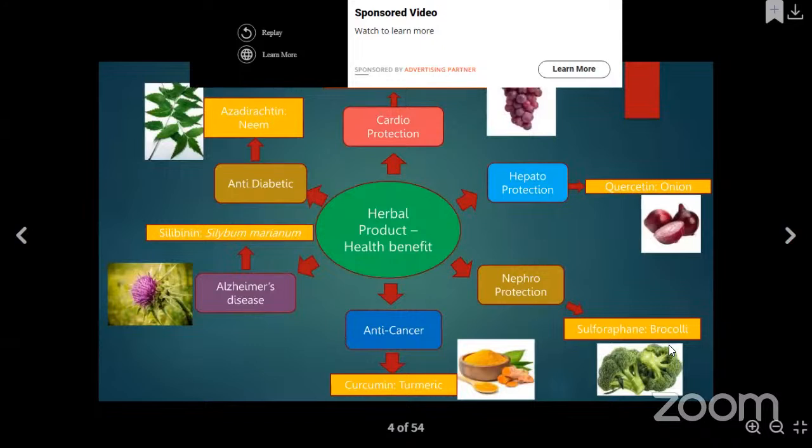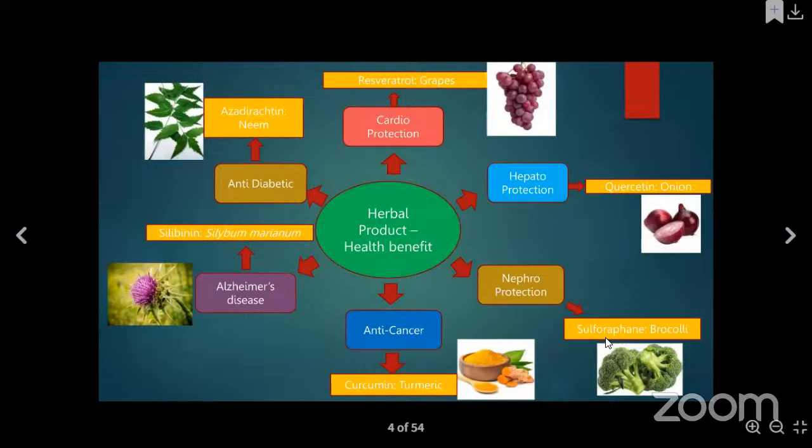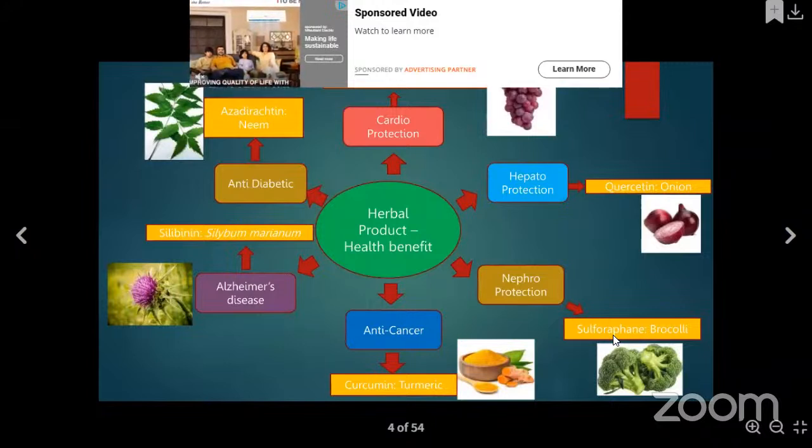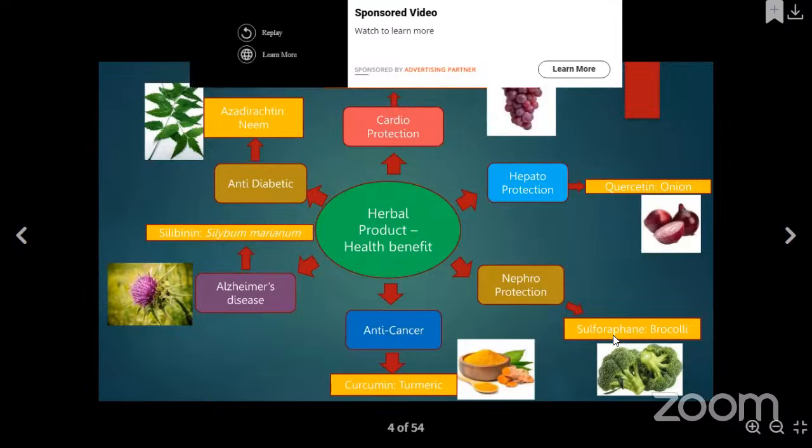Okay, so this broccoli, you know, right? Broccoli contains sulforaphane, which is nephroprotective. Sorry, nephron means the one in the kidney, you will see the nephrons, right?